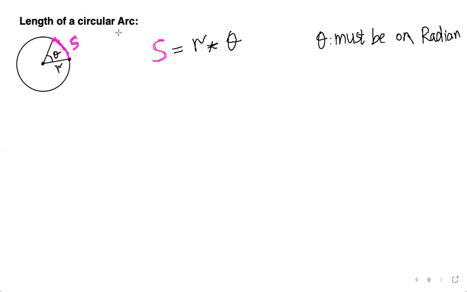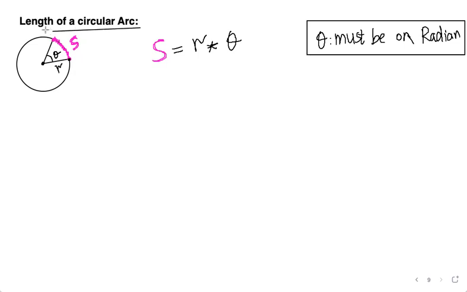This is called the length of the circular arc. You have to multiply the radius by the angle theta.